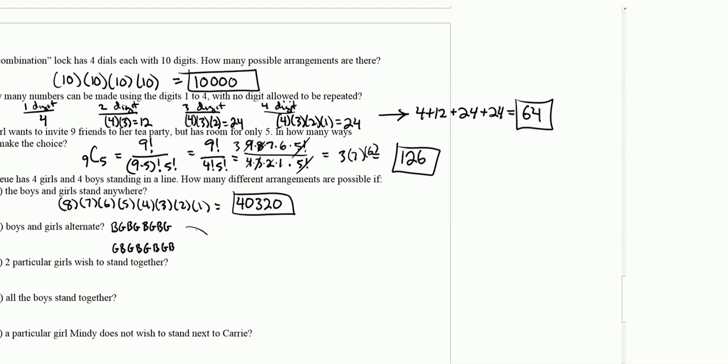So in the first case, if we just consider that one, how many different ways can we do that? Well, we have different slots where we can place a boy, and we have 4 different slots, and we have 4 boys. So in the first boy slot, we got 4 choices. In the second boy slot, we got 3 choices, and then 2, and then 1. And then for the girls, for the first girl slot, we got 4 choices, and then 3 times 2 times 1 in the same way.